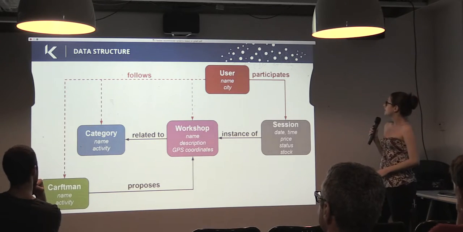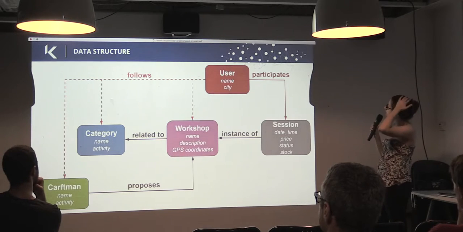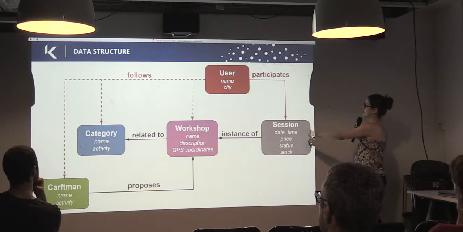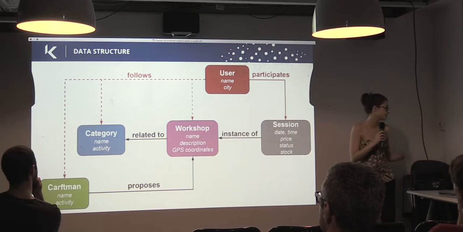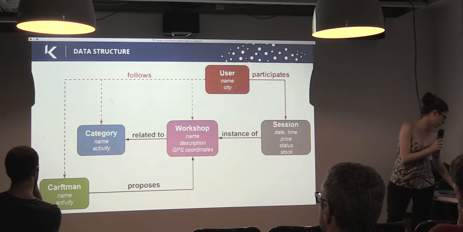On the other side you have users who can sign up at sessions, but also follow craftsmen, categories or workshops they are interested in, to keep being informed about those categories and workshops.